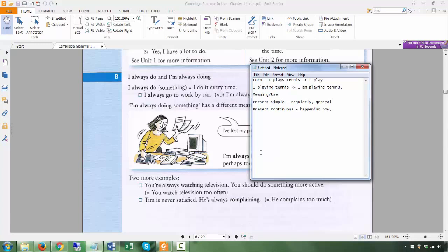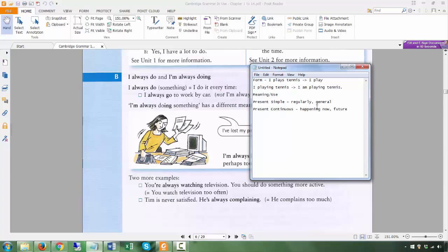But then there are special meanings also, special uses. Most of the time, present simple tense is used because of its general meaning, and most of the time, present continuous tense is used because of its happening-now meaning. Even though that is true, sometimes you have special meanings. One special use of present continuous is for the future.